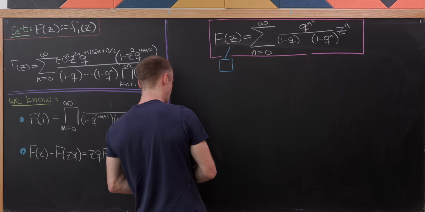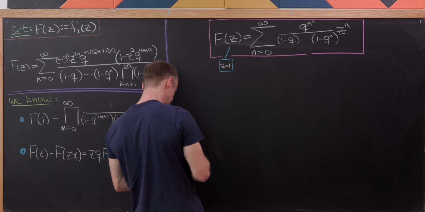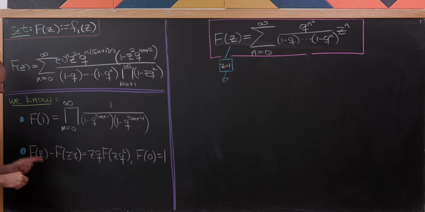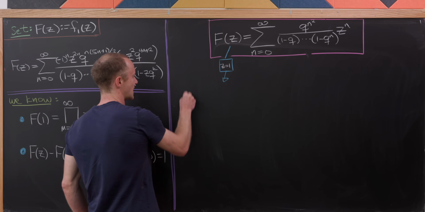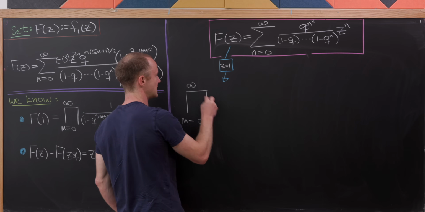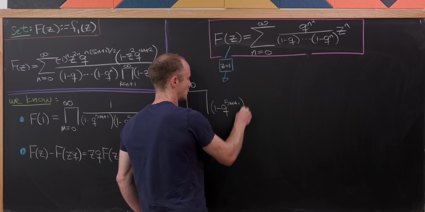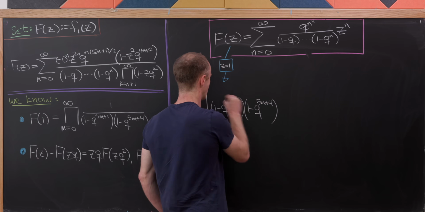Evaluating F of z at z equals 1 clearly gives us F of 1. But earlier, we determined that F of 1 was this product. So we have the product as m goes from 0 up to infinity of 1 minus q to the 5m plus 1, 1 minus q to the 5m plus 4.